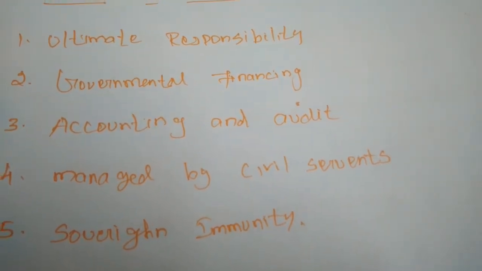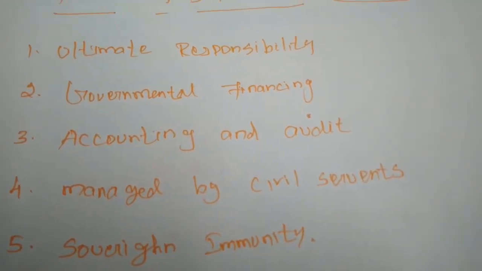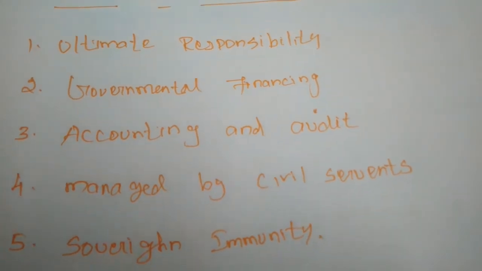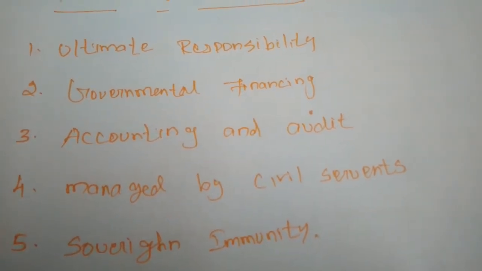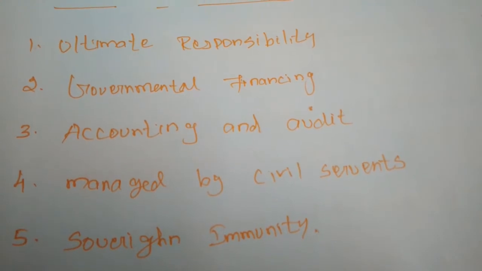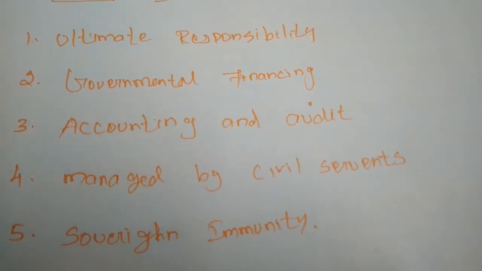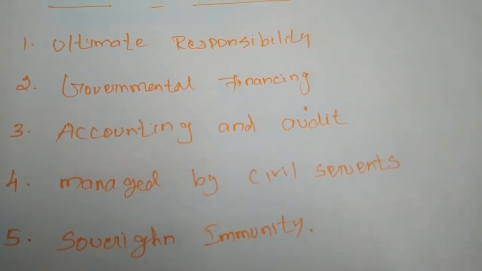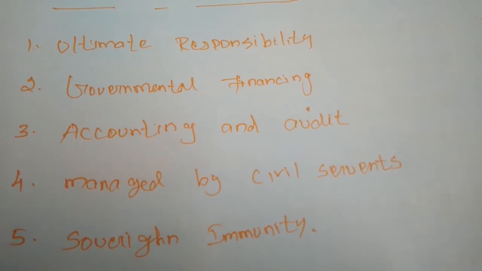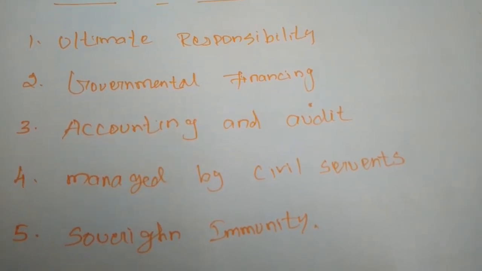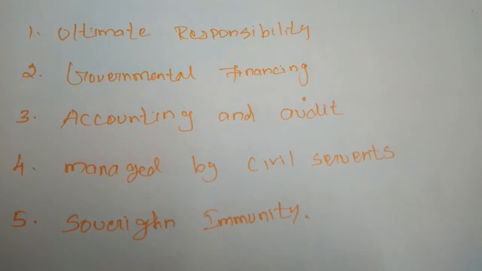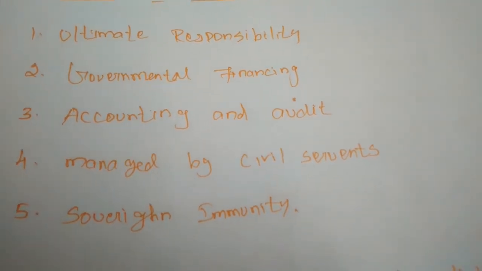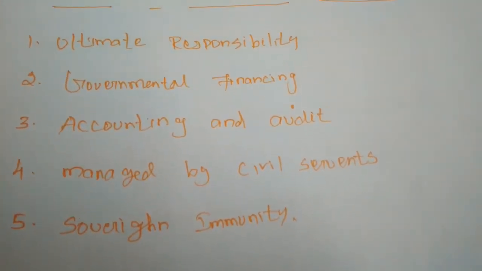The audit of the departmental undertaking has to be submitted every year. A separate auditor will be appointed by the government itself, and the auditor will audit in a correct and proper manner. So there is no chance for corruption to go unchecked.